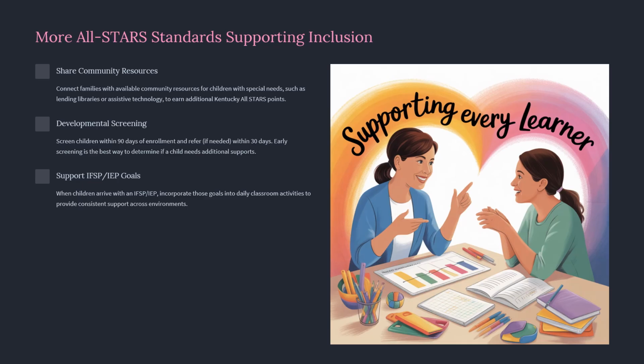Finally, we have supporting IFSP or IEP goals. Some children enter our programs already having an Individualized Family Service Plan, IFSP, or an Individualized Education Program, IEP. These plans outline specific goals and strategies tailored to each child's needs. It's essential for educators to not just be aware of these goals, but to actively incorporate them into daily classroom activities.